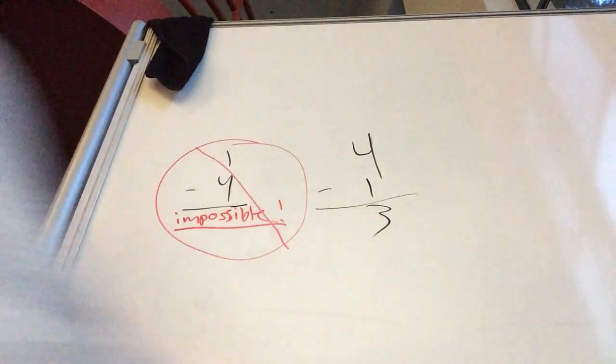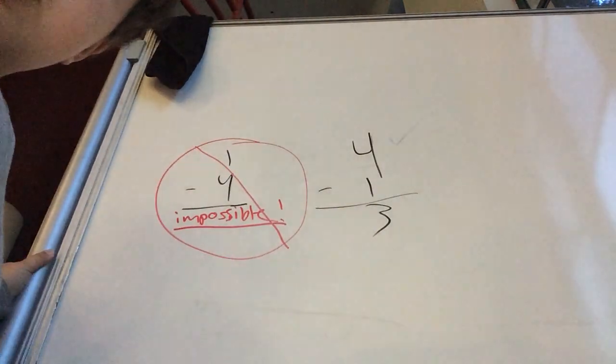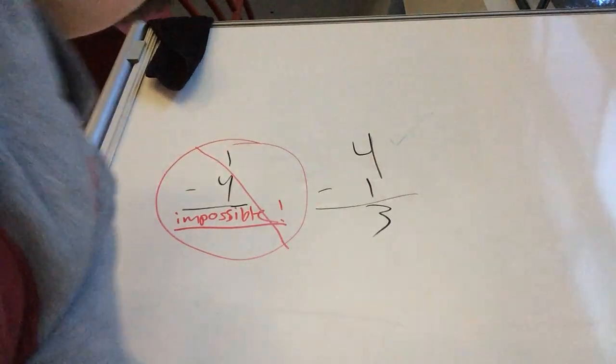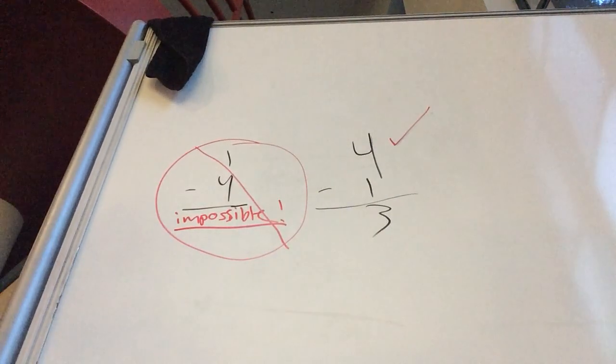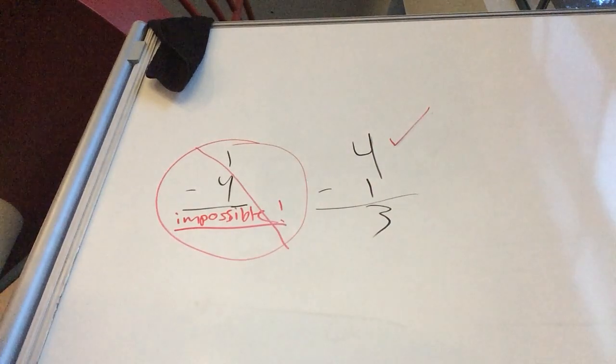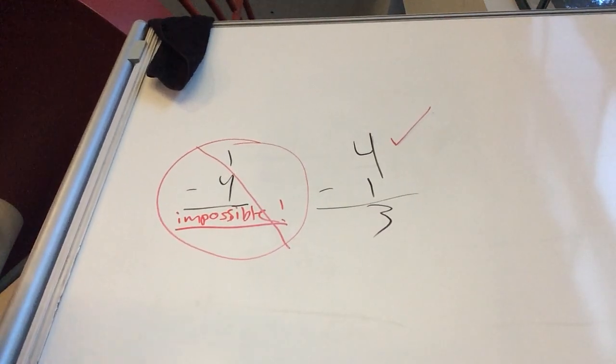The only way you can get 3 in these 2 problems is this. Yes, this is the only way to get 3. Not negative. If you're doing a 4 and a 1, this is the only way you could get 3. This is what some people write.